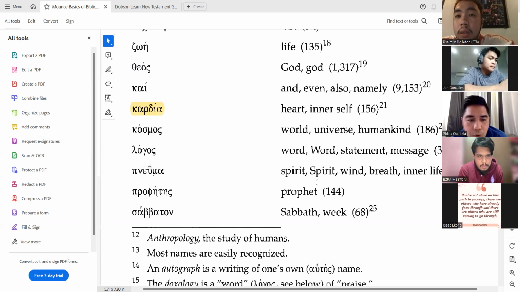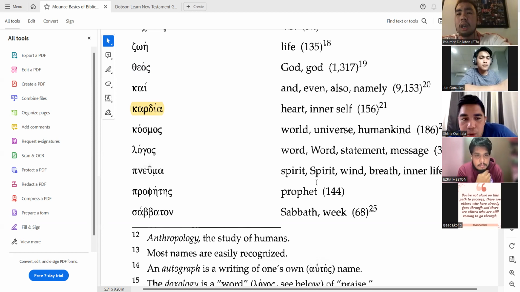And then Psalmist, this one. Kar... Kar... Kar... Kar-dia. This is not a sigma, this is a delta. Kardia.